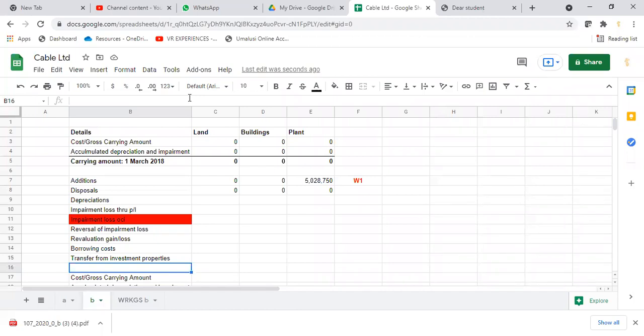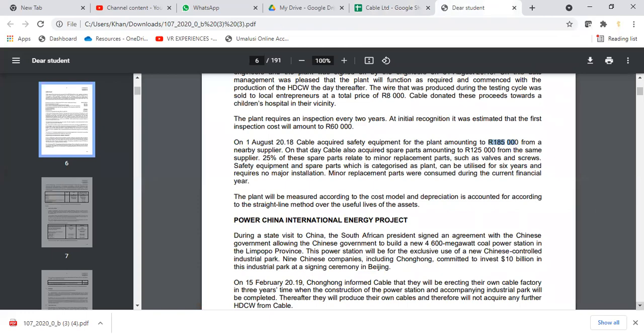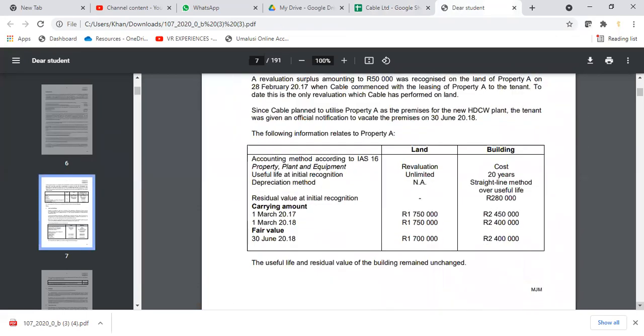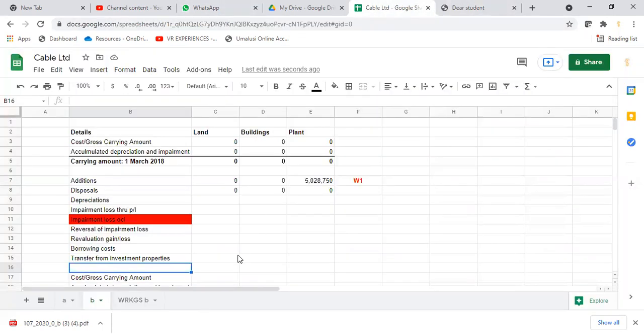We only do this because investment property was measured in terms of the fair value model. If you go to the scenario, under note number 1, you would see as at 30th June 2018, the fair value for land was 1.7, and for buildings it was 2.4. So over here 1.7 and 2.4.